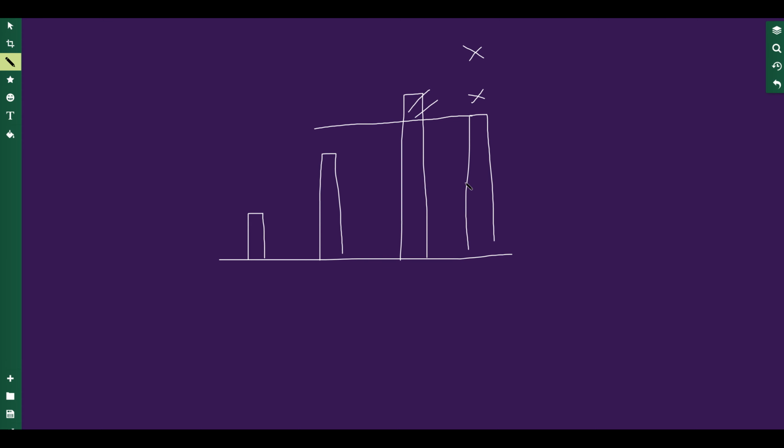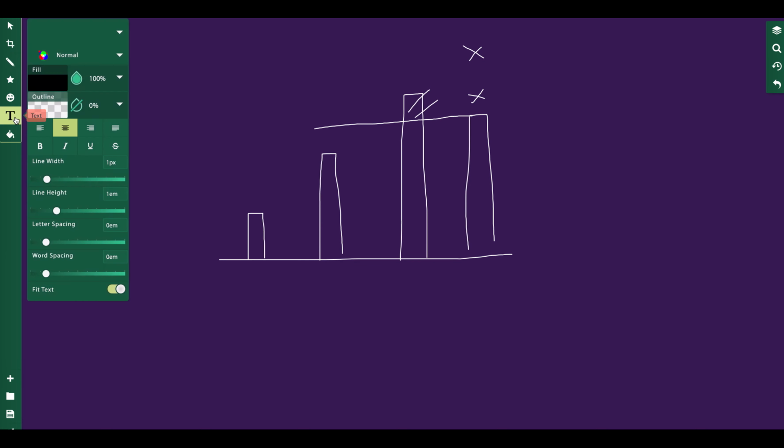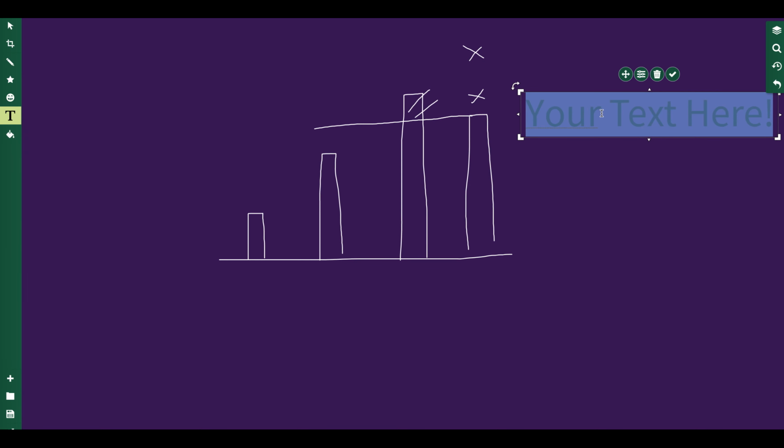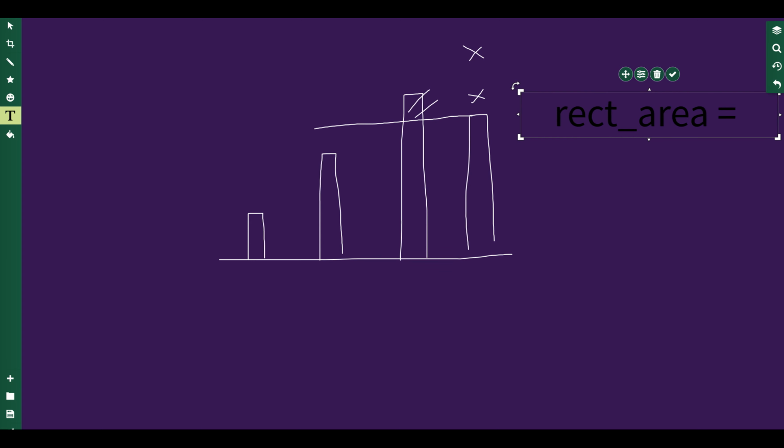The way you find the rectangle during this process is when you're popping out the bar higher than the current one. Let me see if I can type. The rectangle area equals the height multiplied by the width, of course. The height is the current bar being popped out, and the tricky part is the width.